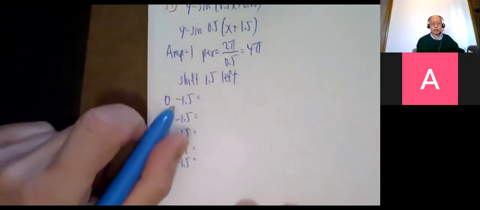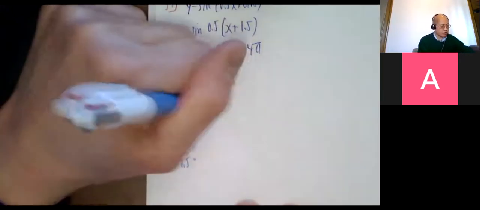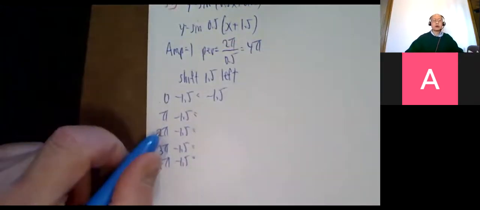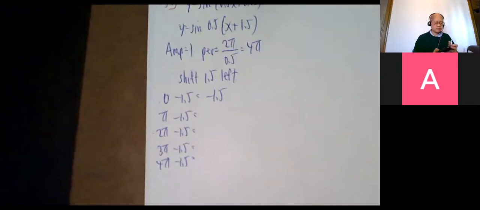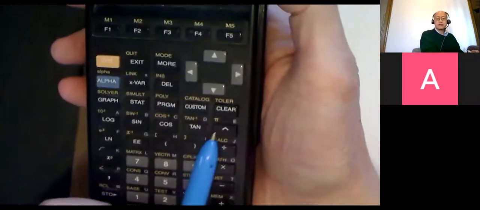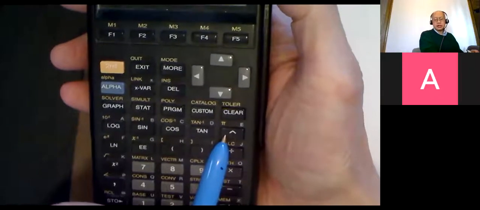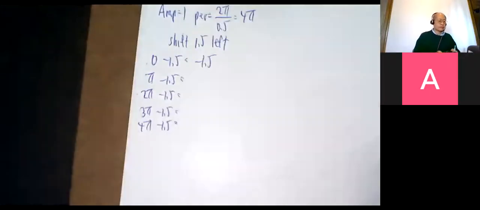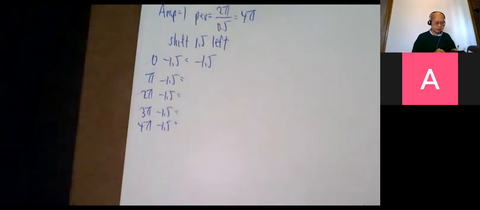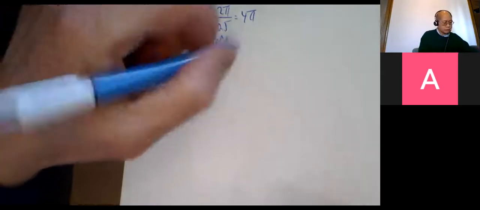And so we just do this approximately. Well, I don't need a calculator for that. That's negative 1.5. Okay, all the others, just punch it in. And by the way, most calculators now have a pi button. If you don't have a pi button, then just do 3.14. But you know, we got the pi button, might as well use it. So pi minus 1.5, 1.64.